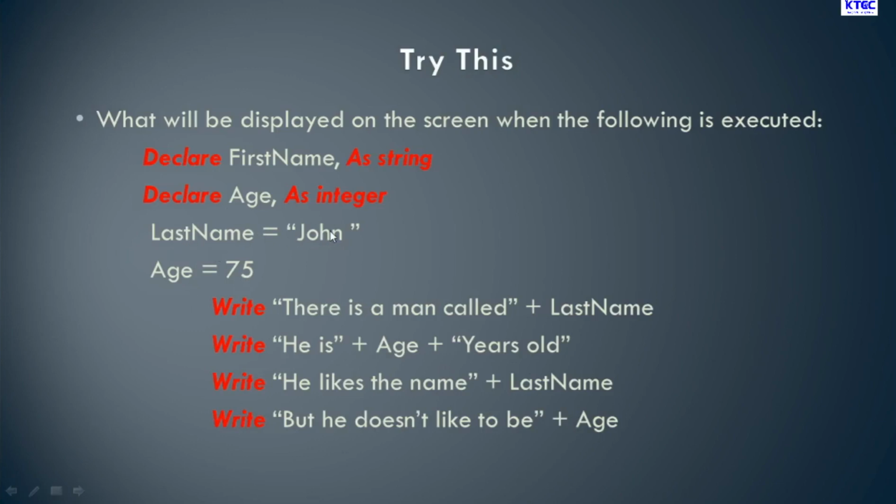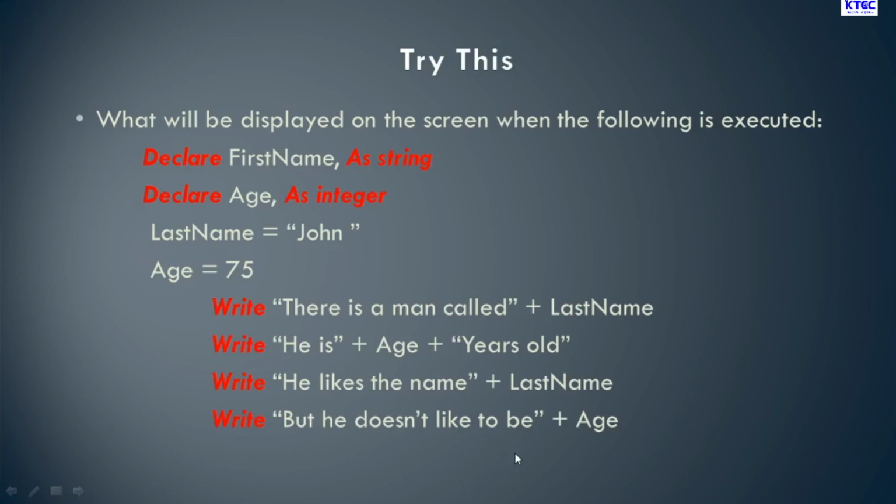So the last name of the person is John, and the age is 75. Now I'm writing this. How will this display? There is a man called plus last name. He is plus age plus years old. He likes the name plus last name, but he doesn't like to be plus age. How will this be displayed? So try this by yourself.